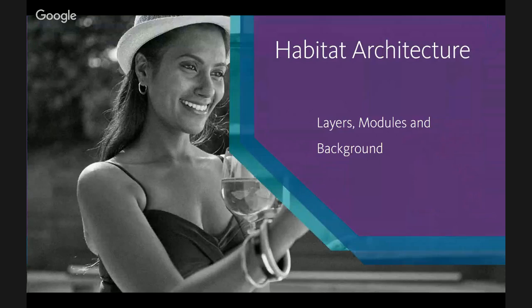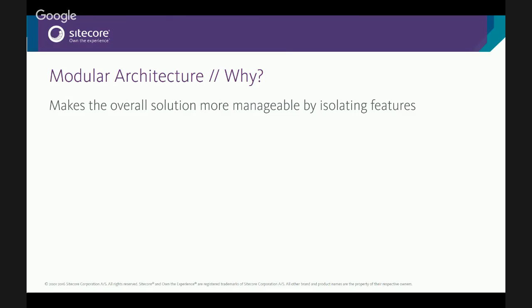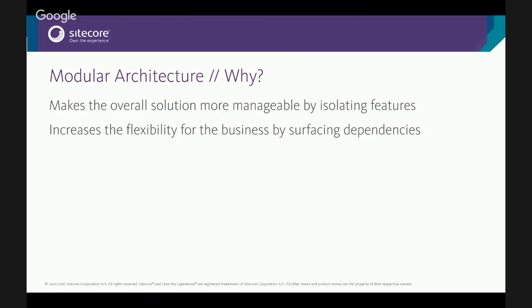Okay, a little bit about the underlying architecture before we dive into the example. So why is modular architecture in Sitecore a good idea? First of all, it's about managing the solution. It's about isolating features and parts of the solution so that you don't have to manage the solution as a whole, but manage it in smaller chunks. It's also about flexibility.